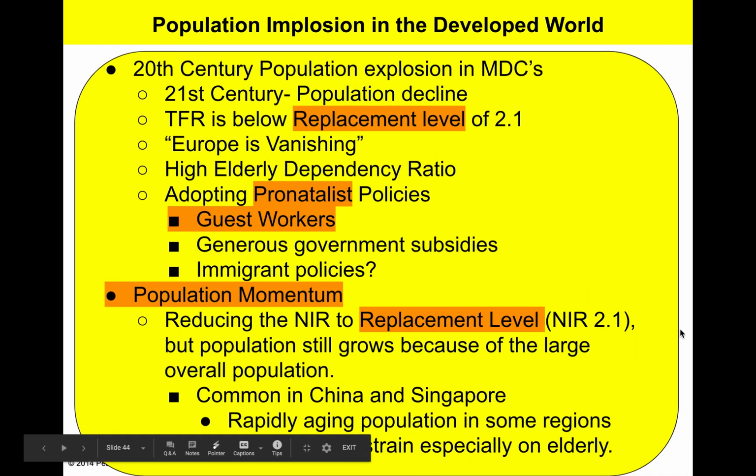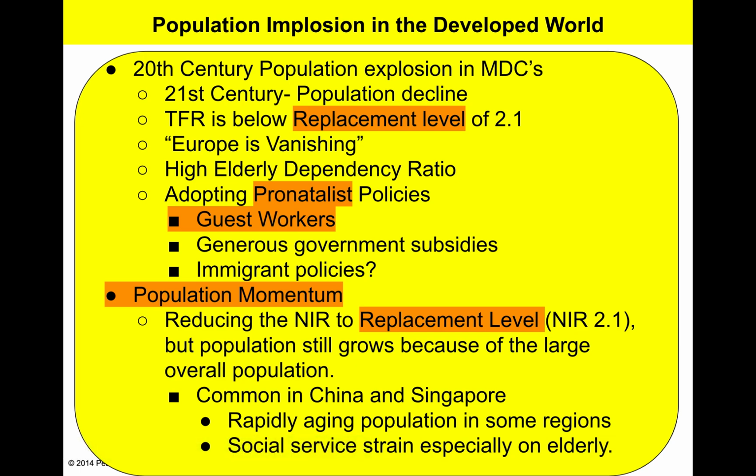Population increase. Throughout the 20th century, we saw an explosion in MDCs at the turn of the 20th century, the 1900s. In the 21st century, total fertility rate fell below replacement level. For a country to replace the current population, it needs a total fertility rate of 2.1.